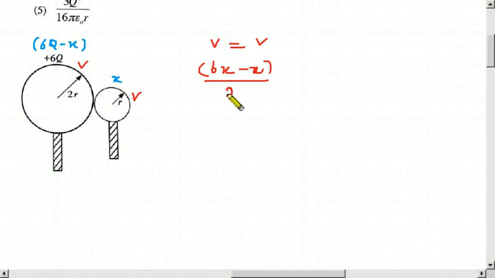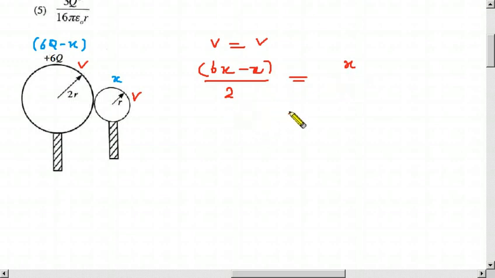R also will cancel, therefore we write only 2, and then only the charge x divided by 1 r, and r cancels, so 1 you also don't have to write. Like this we get the equation.